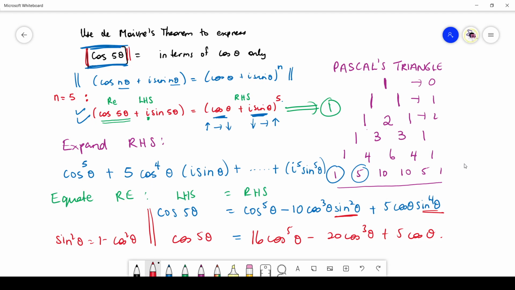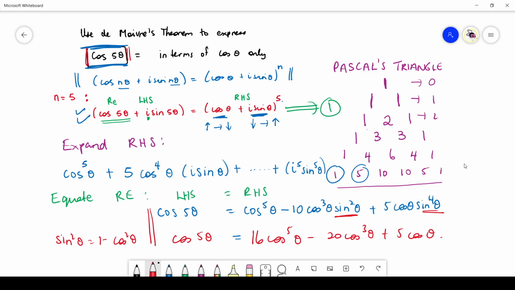So today, what did we learn? You guys learned that besides the form x plus iy, there are also some other forms you can express complex numbers, such as the polar form, aka trigonometric form, and the exponential form. You can move back and forth between forms. You also learned that you can use De Moivre's theorem to find exact values for angles that have an nth degree, like cos n theta.